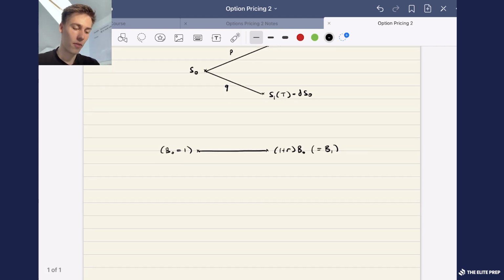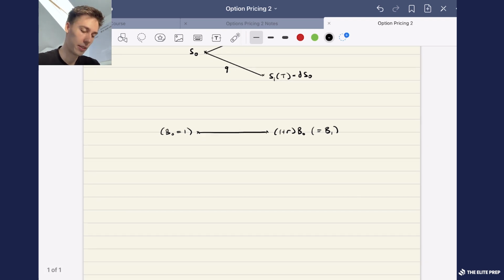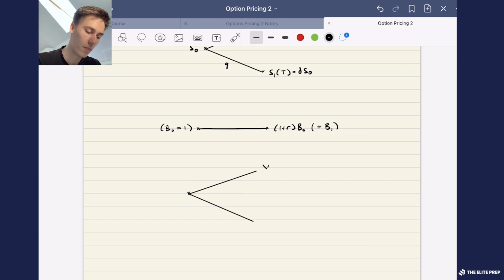Finally, we have a derivative which we want to price, and that derivative is a function of the underlying asset, i.e. the equity. Because it is a function of the underlying asset, we can just redraw the same diagram as above, but for our derivative, which we will call Y. And we will call the payoff Y1 of S1H equal to YH, and similarly Y1 of S1T to be equal to YT.